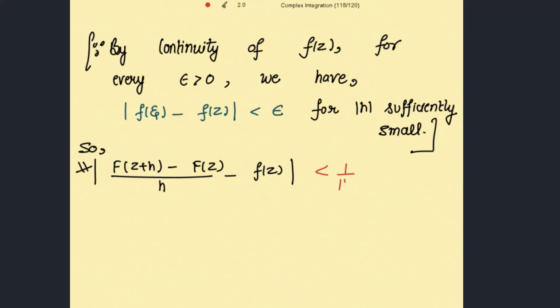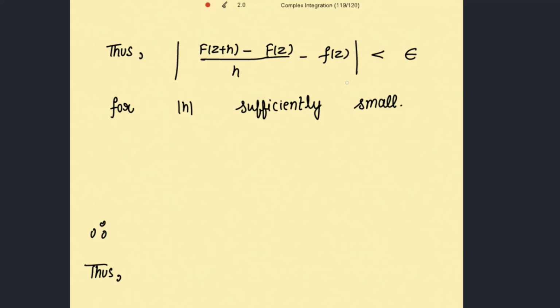So this is 1 over mod h times the integral from z to z plus h, and mod of f(ψ) minus f(z) is less than epsilon, and here we have mod dψ. So this is further equal to 1 over mod h, taking epsilon outside and solving this integral, we get mod h. This will cancel out, which gives us epsilon. So this complete mod is strictly less than epsilon for mod h sufficiently small, right?